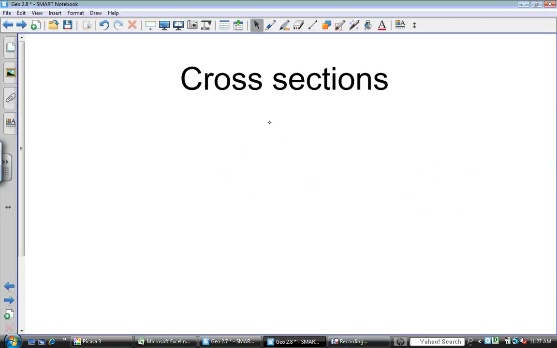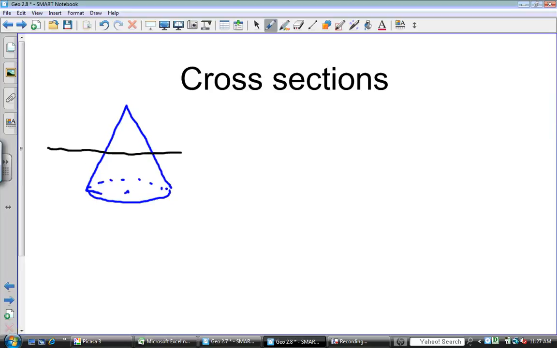Now cross-sections are if I would take a saw, cut an object, what kind of shape would come out? So let's look at the cross-sections here. If I take a saw and I cut this shape here, and I take this top part off and I look at its bottom, the shape on the bottom is going to be a circle.